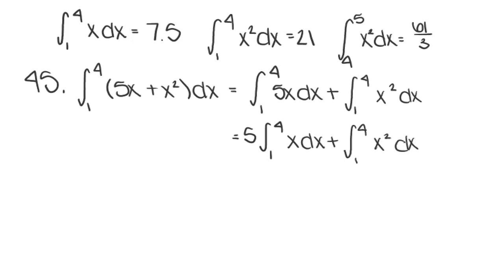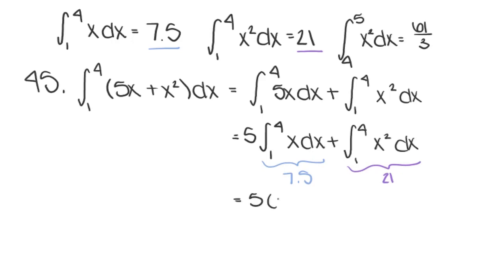Well, we see here that for the integral from 1 to 4 of x dx, that's 7.5. And then for the integral from 1 to 4 of x squared, that's 21. So we can actually just plug those values in.